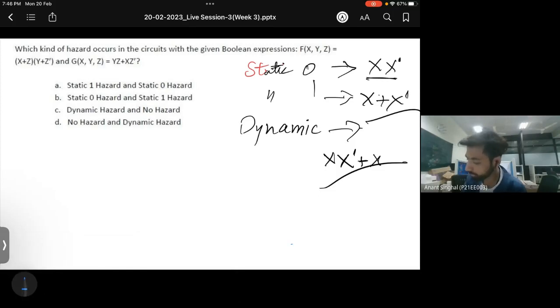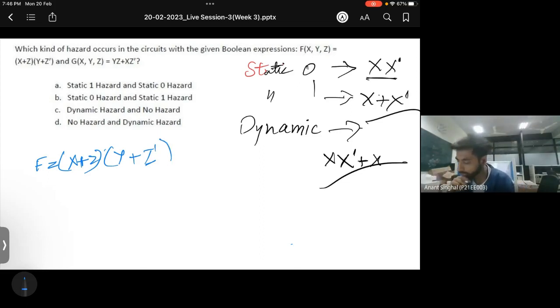So it is given in the question f is nothing but x plus z and y plus z bar. Can anyone tell me for what values of x and y we can get z bar? Let's suppose I'll give you a hint. We can get z bar. So for what values of x and y we can get that z bar?